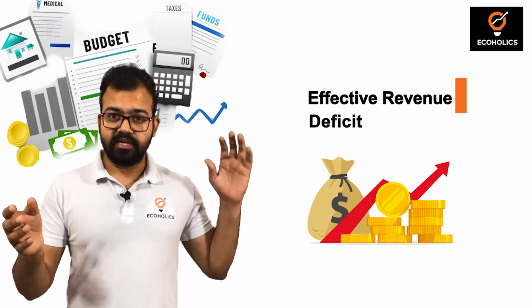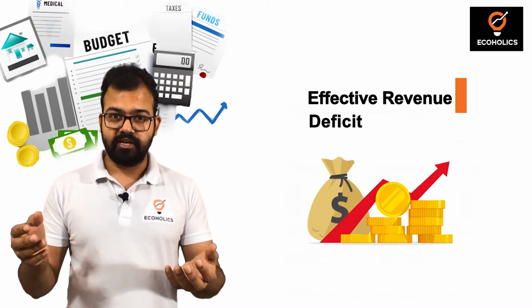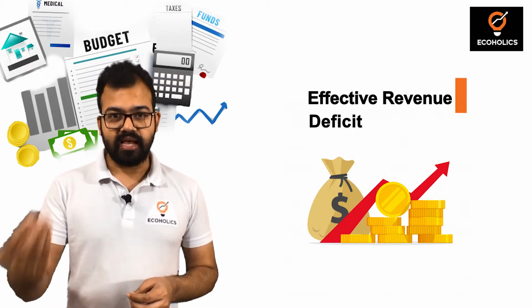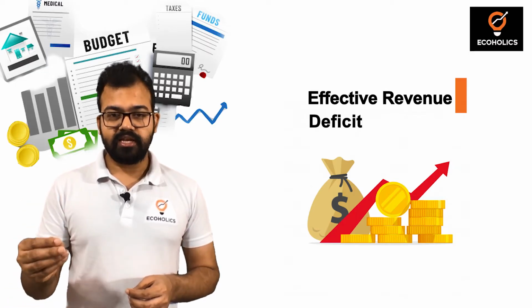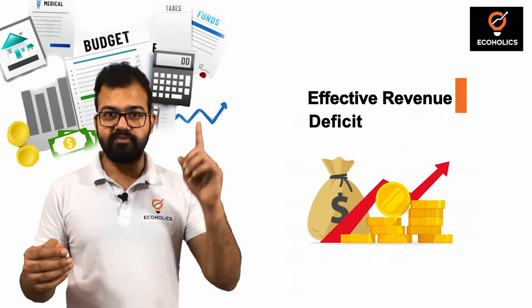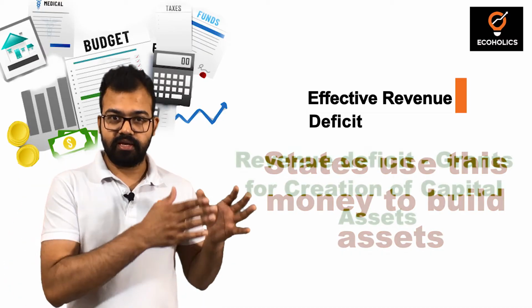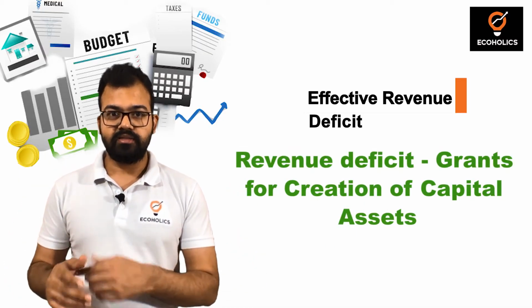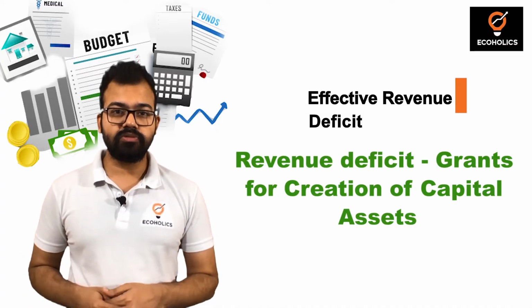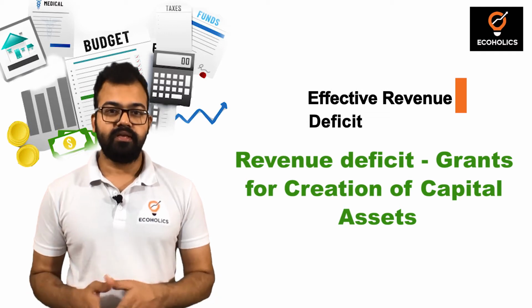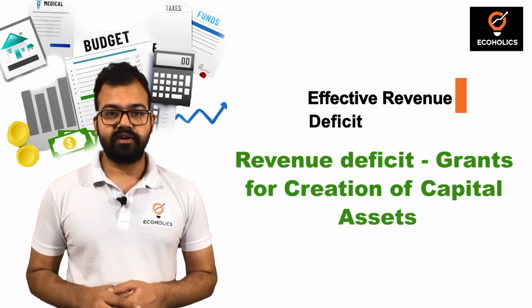It means for the central government it's a revenue expenditure, but from that money the state government builds assets. So revenue deficit minus the funds the states use to create assets, or capital expenditure, is what we call effective revenue deficit.